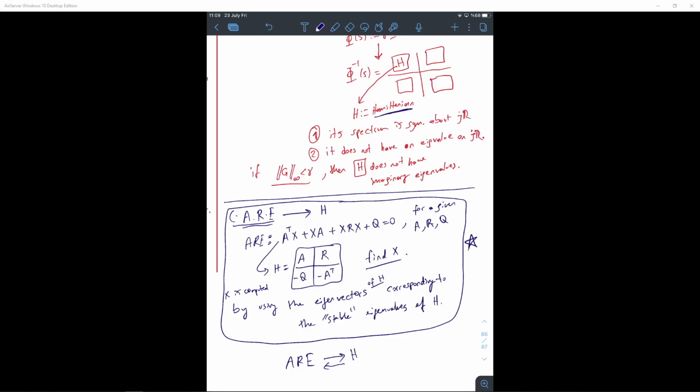For any Hamiltonian matrix there exists an associated algebraic Riccati equation. Wow, that was a long explanation, but it was a good thing to keep in mind.